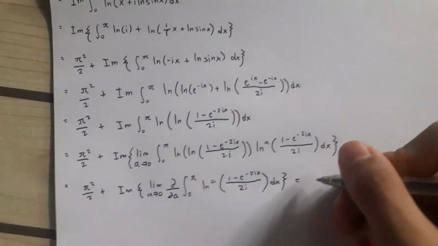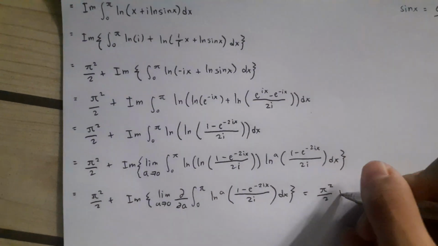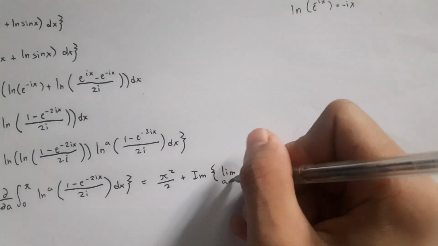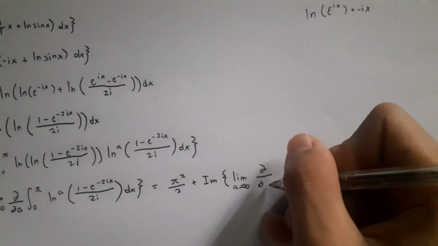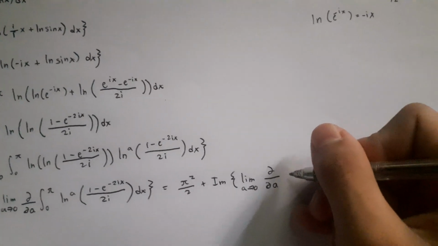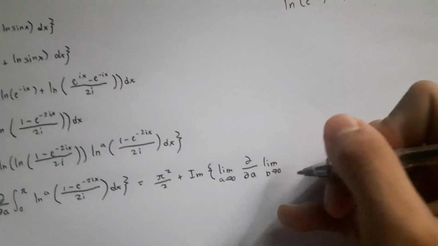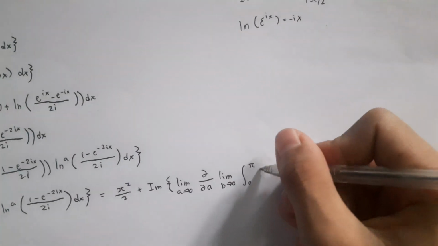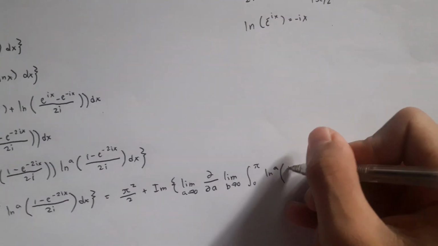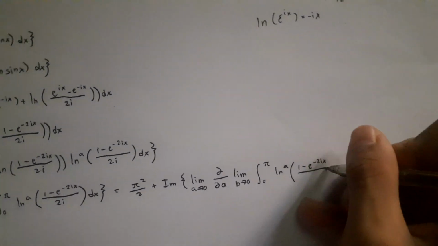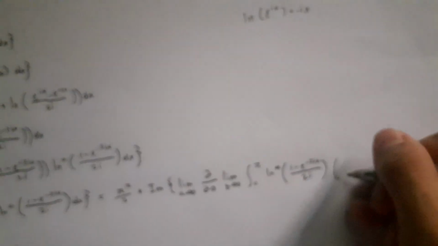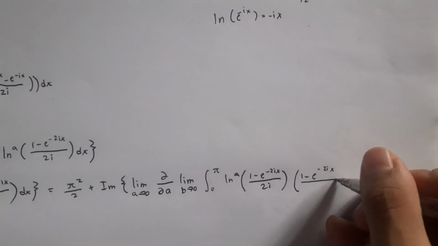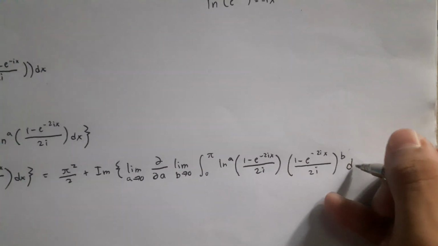We have pi squared over 2 plus the imaginary part of the limit as a approaches 0, the partial derivative with respect to a, and the limit as b approaches 0 of the integral from 0 to pi of ln to the a of 1 minus e raised to negative 2ix divided by 2i, times 1 minus e raised to negative 2ix divided by 2i raised to b dx.